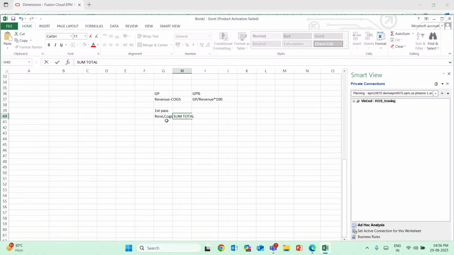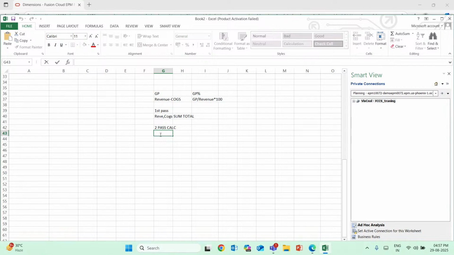So now if we enable two pass calculation, see, in the first pass we do these things, and in the second pass, the profit margin will be recalculated with the new accurate gross profit and revenue. Okay, so there are going to be two calculations, we have to go through the first calculation and the second calculation.